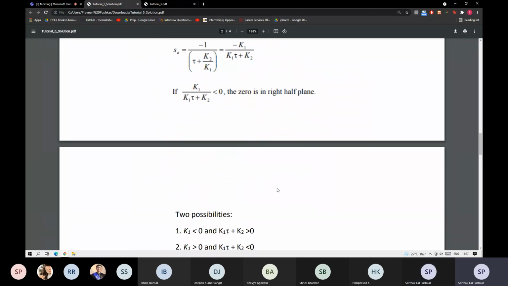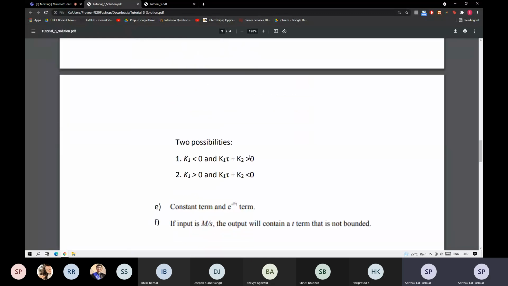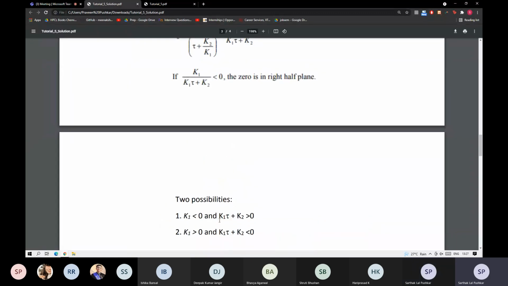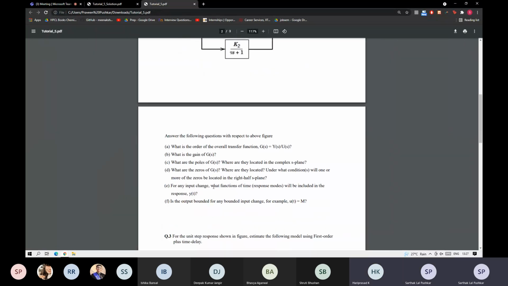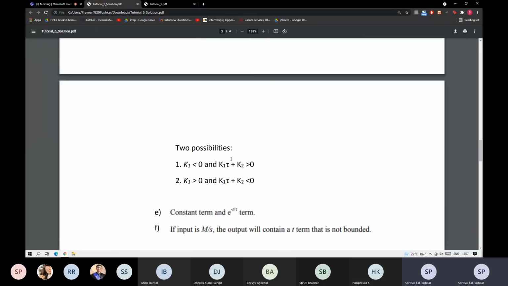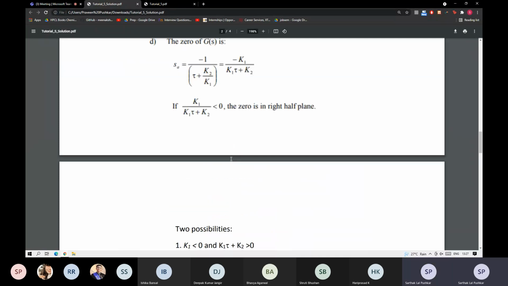So two possibilities can occur. You can see in this. The next part is, for any input change, what functions of time will be included in the response. So the constant term and the exponential part will be included in that term.